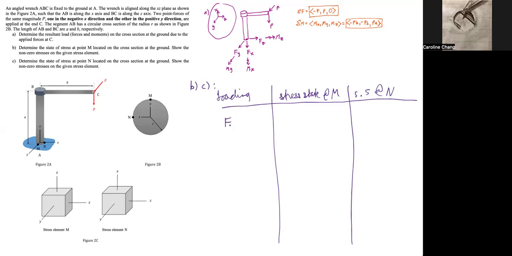Since it's a three-dimensional problem, there's definitely going to be Fx, Fy, Fz, and Mx, My, and Mz. And these are going to be equal to some value, which we will find.